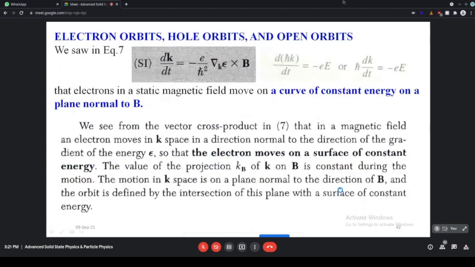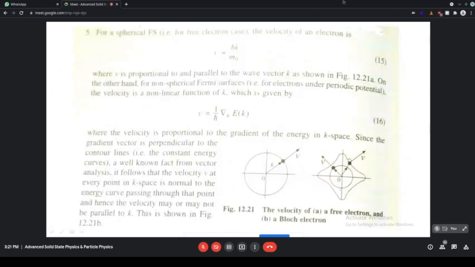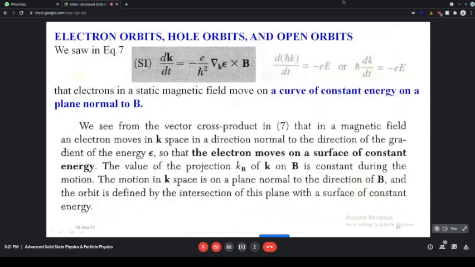As I have explained this thing, let me consider it once again. Suppose I can write that the Lorentz force acting on the electron, if placed in the magnetic field, can be written like this. Force is equal to this, and the force we can write as rate of change of momentum, and momentum we can write is h cut k.